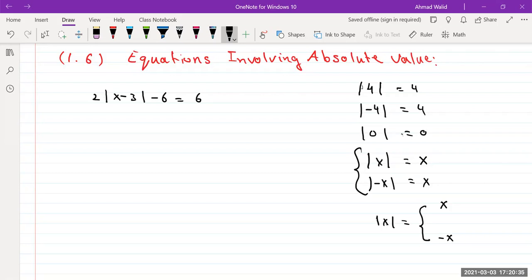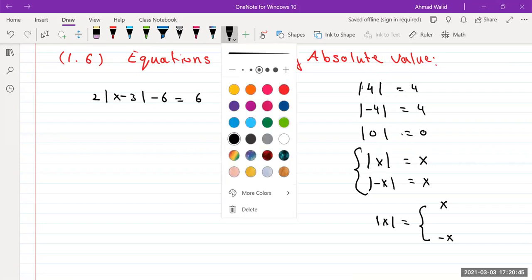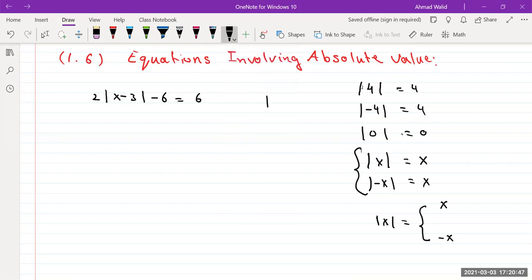Every time you want to solve an absolute value equation, your first step is that the equation should become in the form of absolute value of whatever inside equals a number on the other side.